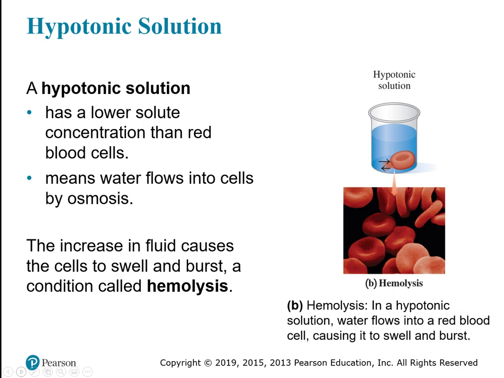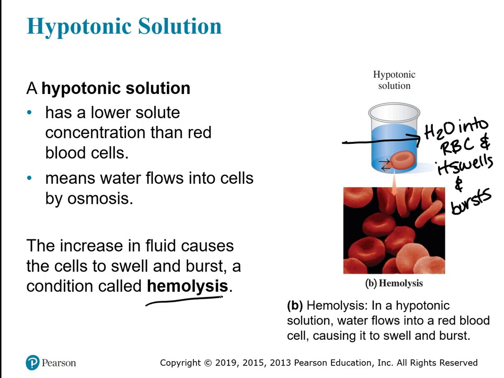So we also have some individual slides to talk about this, so that if you didn't get it, you're going to get it because we're going to talk about it again. Hypotonic solution, we have more water flowing into the red blood cell. And it swells and bursts.